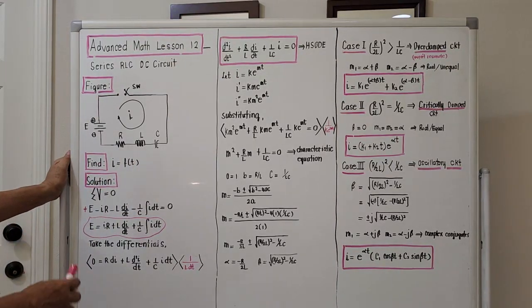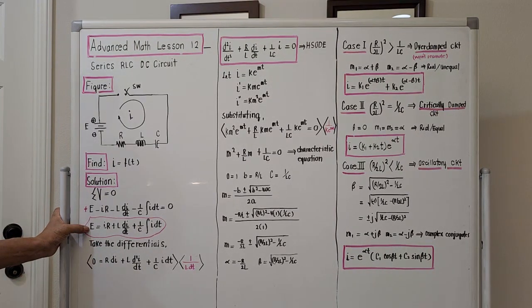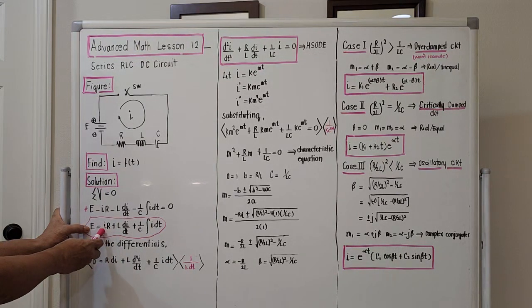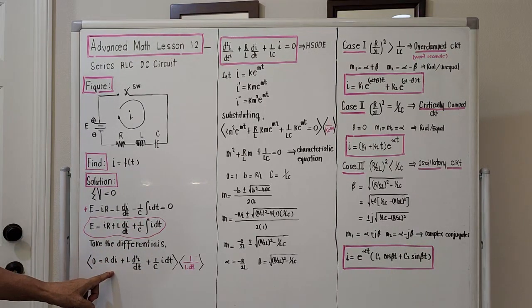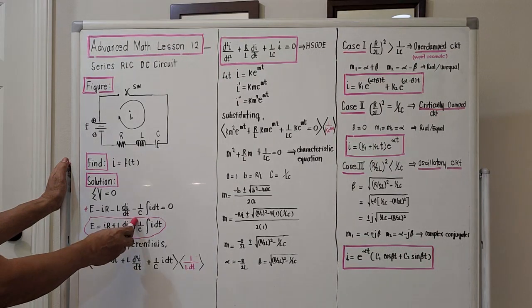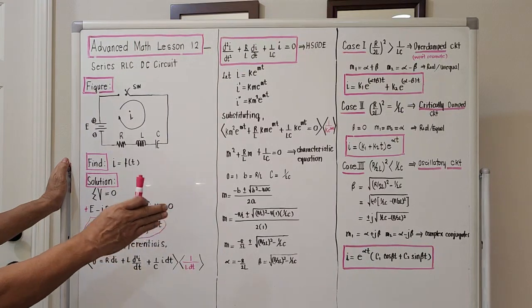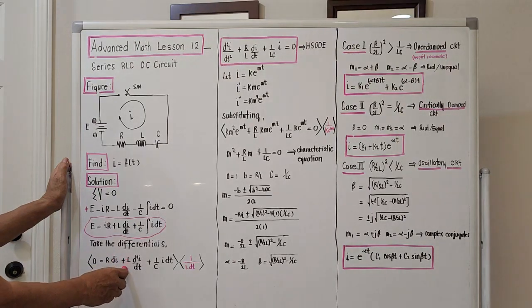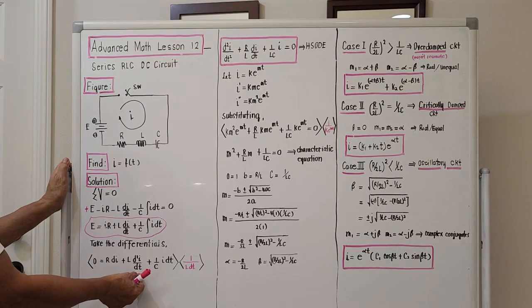The differential of E is 0, because E is constant. The differential of IR, R is constant, I is variable, so the differential of IR should be R di. For L di/dt, L is constant, and di/dt is just the rate of change of current with respect to time. So if we take again the differential, what will come out will be L d square I over dt.